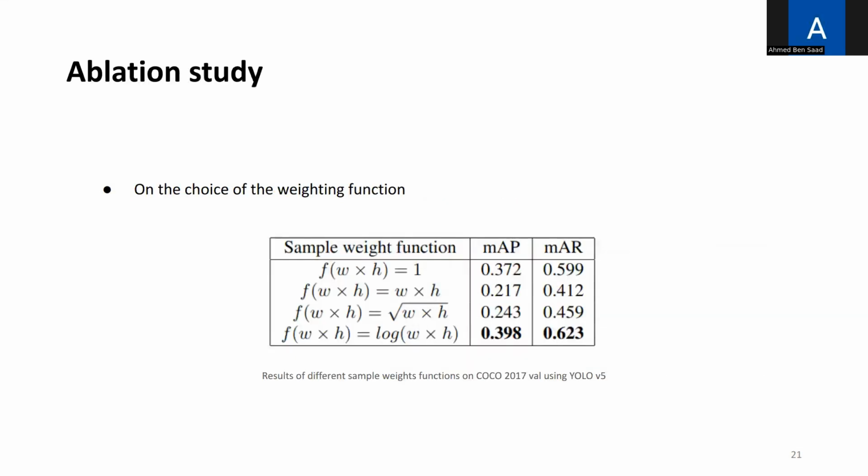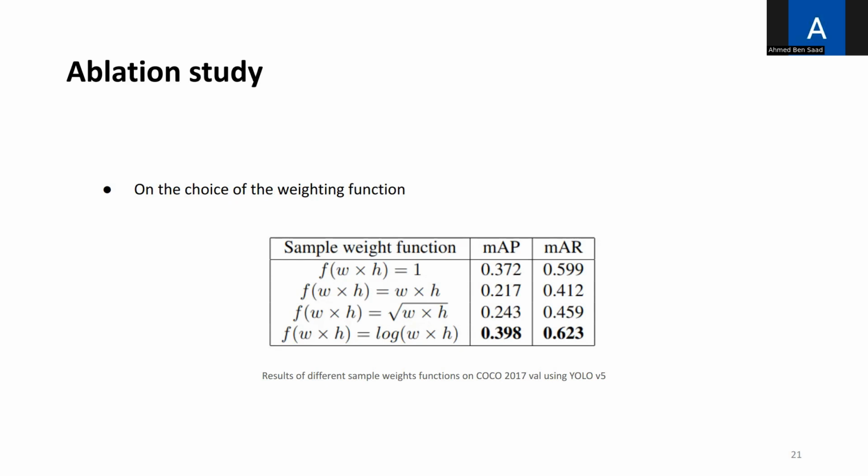One thing that we also wanted to see is whether we chose the best weighting function for this task. So we tried 3 different weighting functions, as you can see here.